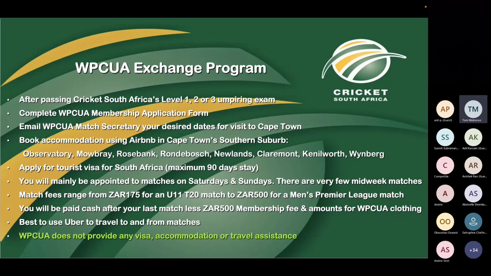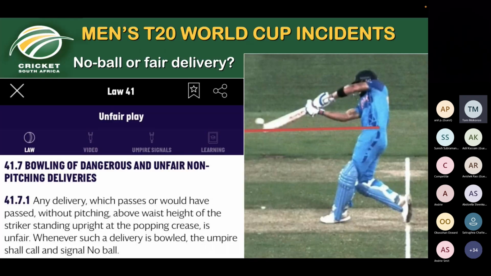Before we go to our question and answer sessions for today, I have had quite a few queries over the last couple of days, or yesterday and today, over a couple of incidents which have happened in the Men's T20 World Cup that's currently underway in Australia.